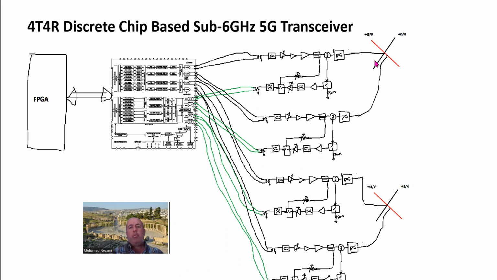Now, a common way to implement these for sub-6 GHz is to utilize the plus minus 45 degree polarization on the elements. So we transmit 4 signals using 4 different polarizations, and you can have them offset in frequency, or they can all be at the same frequency. Now that's for you as a system engineer.